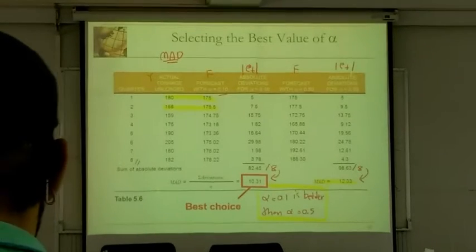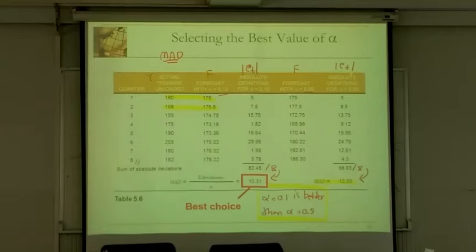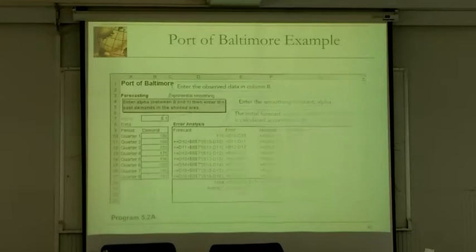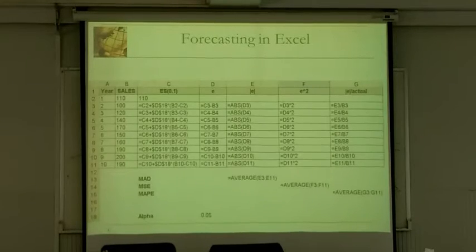of y f absolute e f absolute e. Okay, and this is when you justify based on just MAD. Okay, and you can do this in Excel.